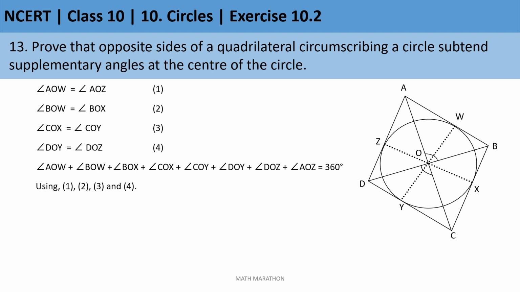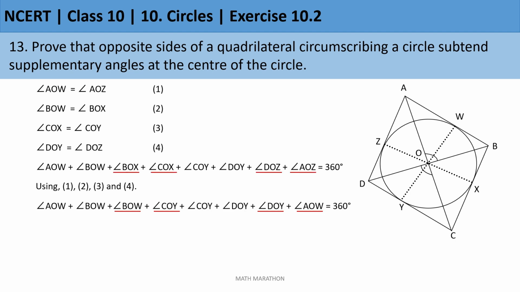We can use the equations 1, 2, 3 and 4. Angle BOX is equal to angle BOW. Angle COX is equal to angle COY. Angle DOZ is equal to angle DOY. Angle AOZ is equal to angle AOW.